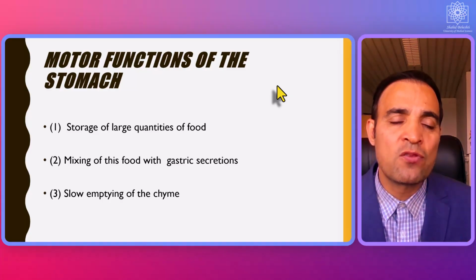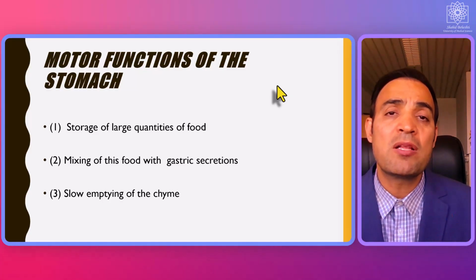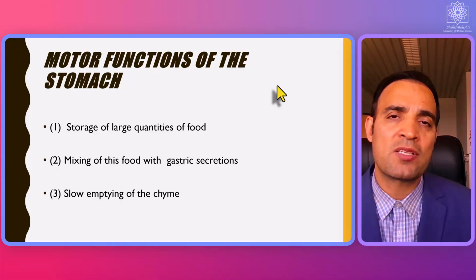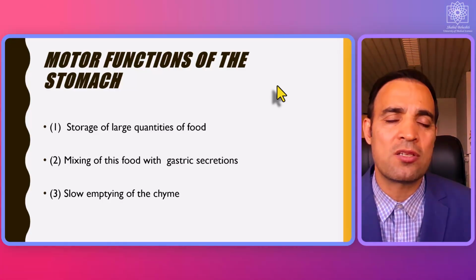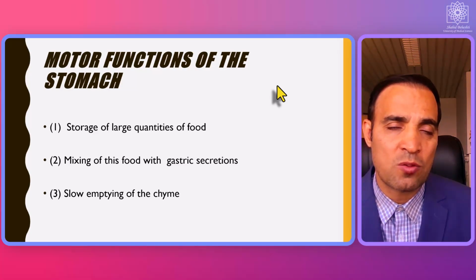In fact, when food enters the stomach it is semi-solid, but when it exits from the stomach it is semi-liquid, not semi-solid. And this is another motor function of the stomach.